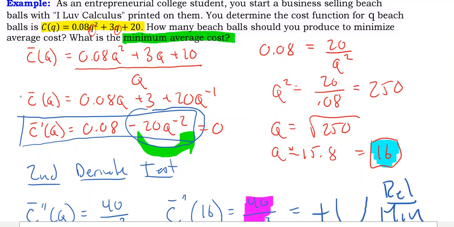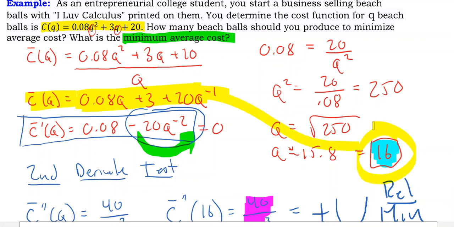Either one of these versions you could use. Don't accidentally use the derivative. We want the average cost function, evaluated at 16. When you plug 16 in for Q here, that would give you your average cost at a quantity of 16 beach balls, which will be your minimum average cost.